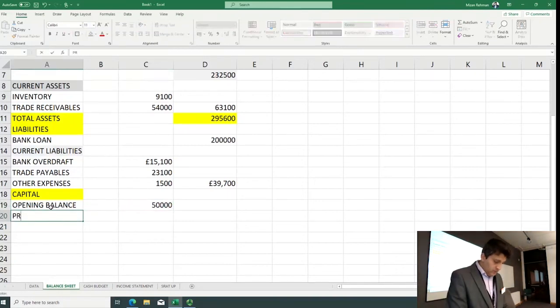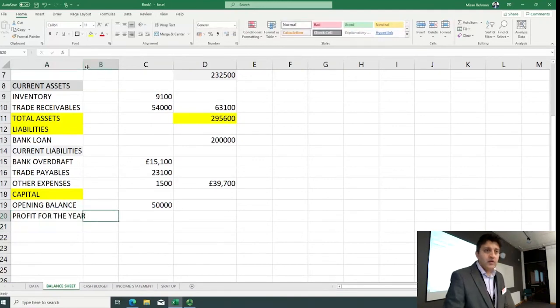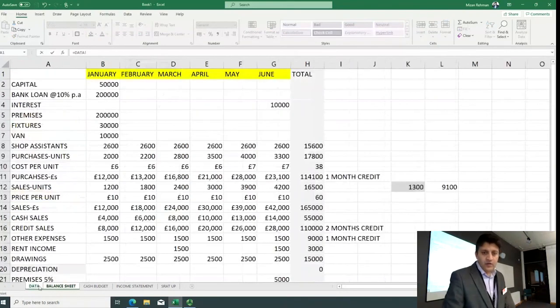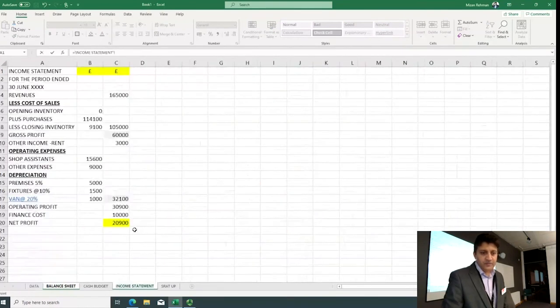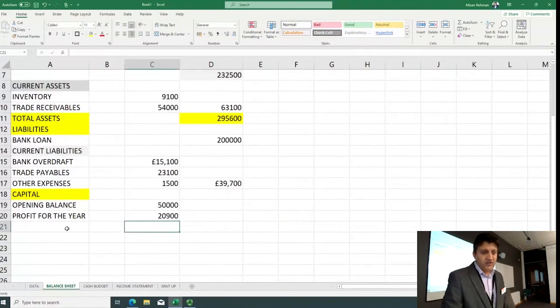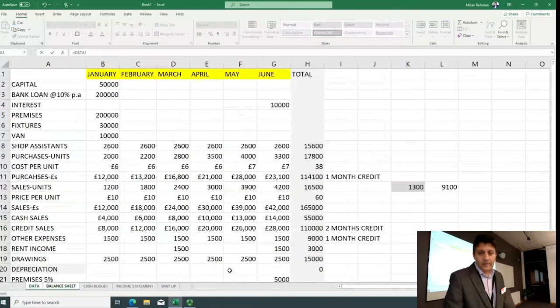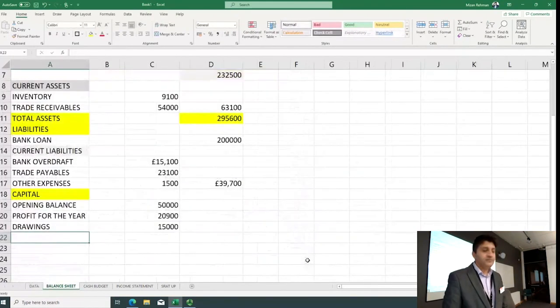Our profit for the year is, this is the income statement, 20,900, and our drawings are 15,000.